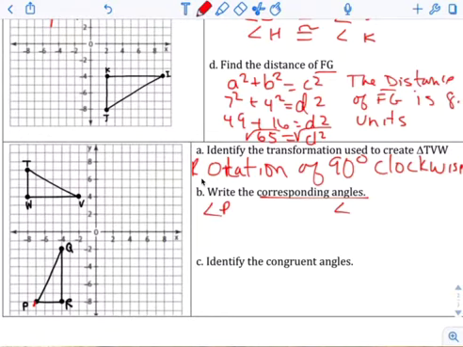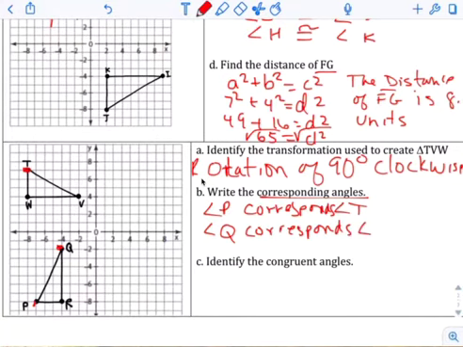Angle P corresponds to angle T. Angle Q corresponds to angle V. Angle R right here corresponds to angle W over there. I want you to write the word each time because this is new vocabulary for you.